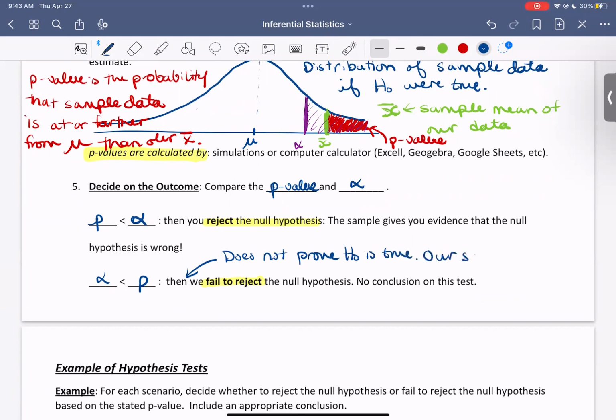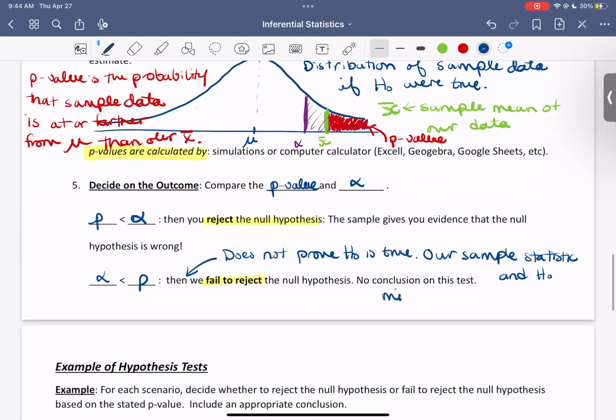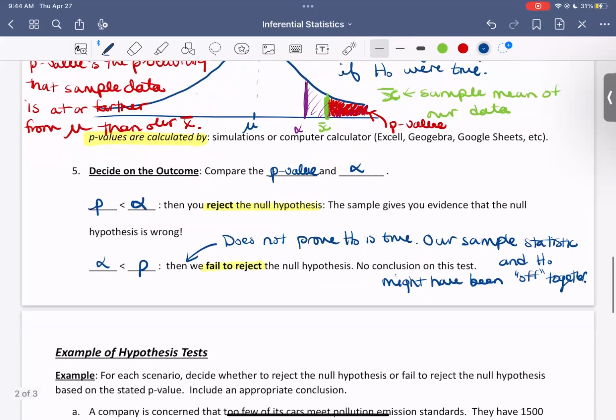Because our sample statistic and the null hypothesis value, H0, they might have just been off together. Might have been off, meaning not true, together. So we have no conclusion. No, we can't make a conclusion about the population in this second case.